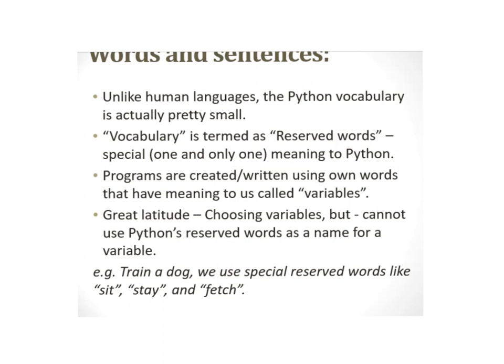Variables are what we declare for our purpose, so that it becomes customized. You have great latitude in choosing variables. You can create your own, you can customize, you can use Python reserved words. Say for example, to train a dog, we use special reserved words like sit, stay and fetch. Suppose you call some other word to the dog, it may not understand, so it has to be trained.